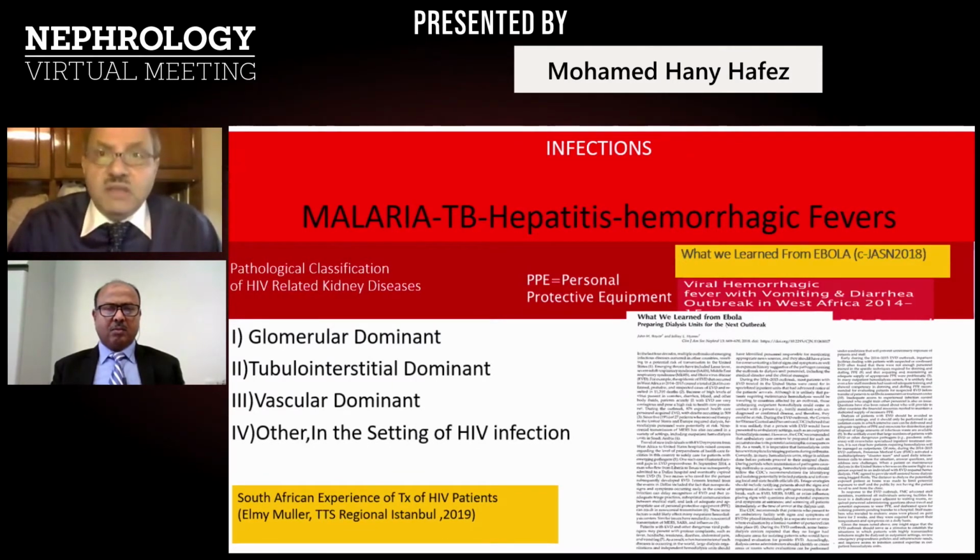Nowadays, infection is everywhere with COVID-19, but there are specific causes which are endemic in some parts of the world: malaria, TB, hepatitis, HIV in some places, with its different pathological affection of the glomeruli, the tubulointerstitium, the vasculature, or the hemorrhagic fever that affected West Africa in 2014 and 2015, causing an epidemic of Ebola at that time, which was a viral hemorrhagic fever with vomiting and diarrhea, also leading to acute kidney injury.